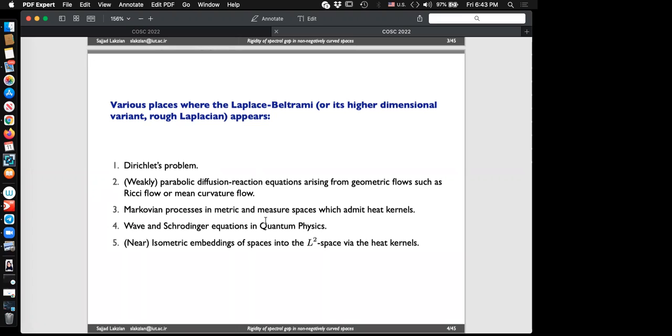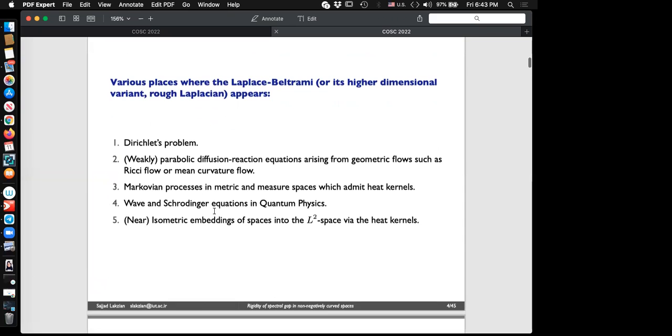Or even people who work in quantum physics, when you consider the Schrodinger operator, you are solving a complex wave equation, which is again written using the Laplace operator. So I'm just rambling about the use of diffusion and the Laplace operator.